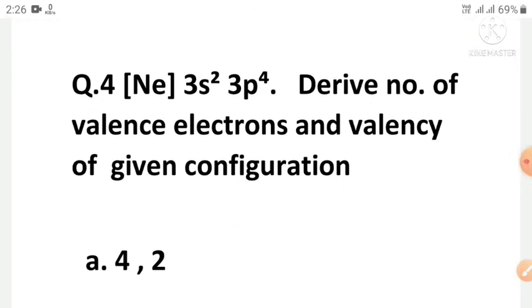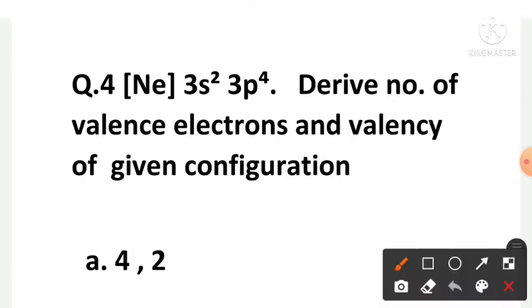Question number 4. Neon 3s2 3p4. Derive the number of valence electrons and the valency of the given configuration. Neon, we know, is given as a short electronic configuration.